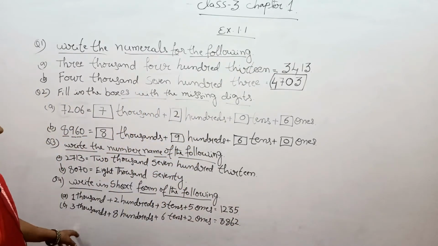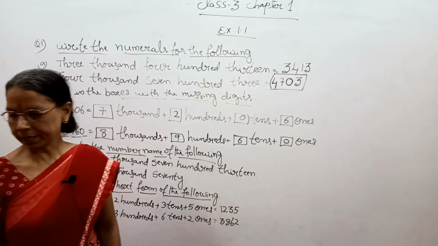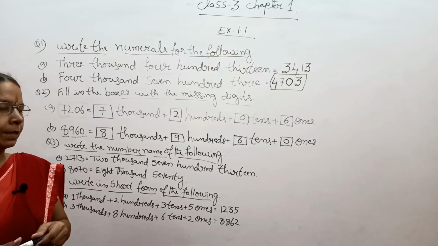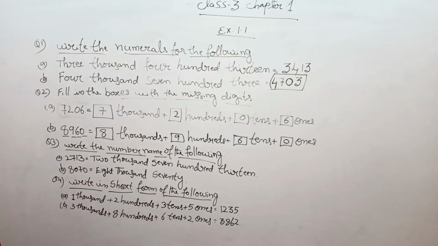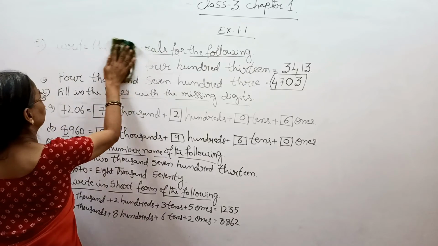The answer is 3862. Like this, the fourth question will be completed and the remaining questions are given as homework. And for next we move to question number 5.